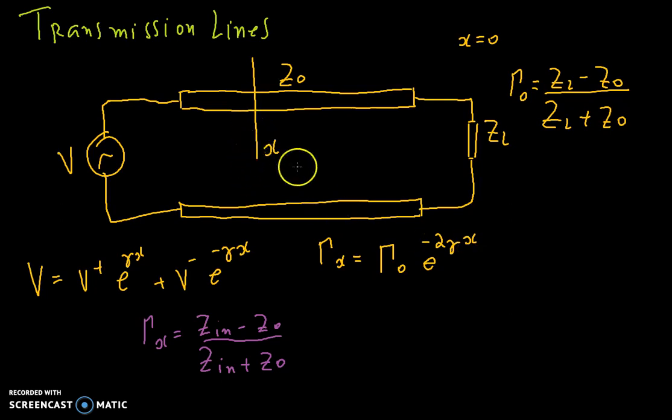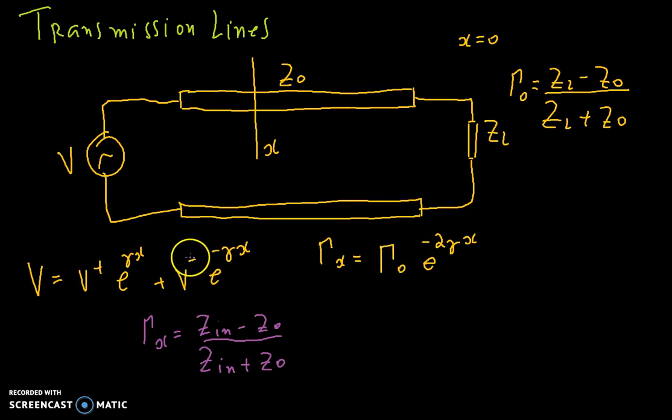So you can choose x to be any point on the line. Remember that the line has a length L. Every line has a finite length. And if you substitute 0 in this formula, the e term becomes 1, and you are left with the reflection coefficient at the load. So this proves to us that the formula is valid.